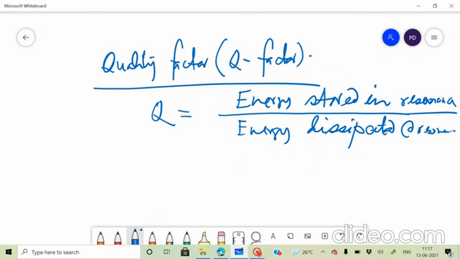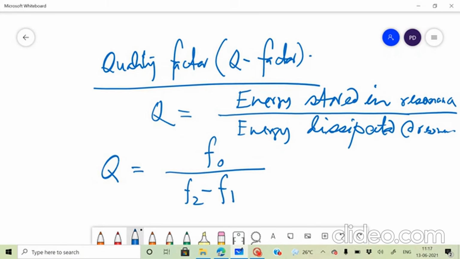Okay, so that's the expression. Now you can perform some mathematical steps, and then finally for the case of the LCR circuit, you can find the expression for Q is F naught divided by F2 minus F1.